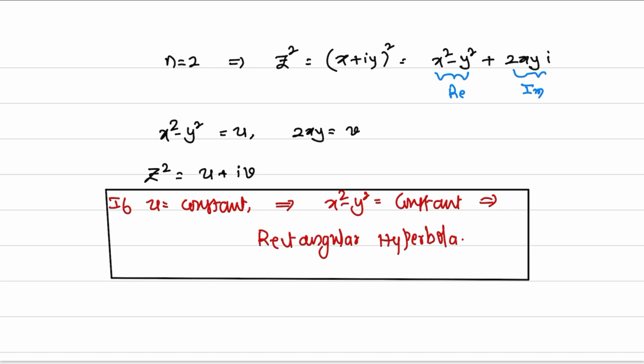Now, for imaginary, please try to understand the geometrical meaning of everything. If v is equal to constant, because w is equal to u plus iv, this represents 2xy is equal to constant.